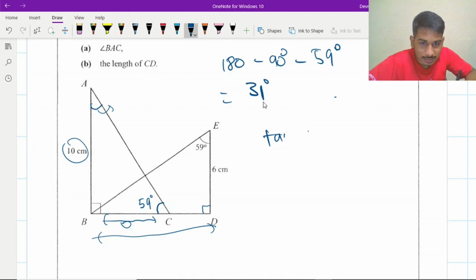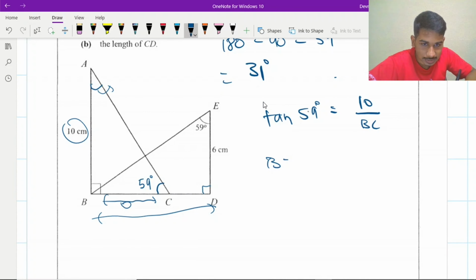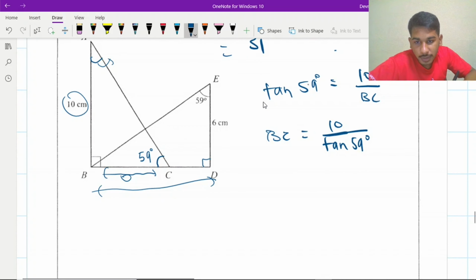So tangent 59 degrees is equal to opposite over adjacent BC. So BC is equal to tan over tangent 59 degrees. How about this? To find BD, given this thing also. Again, this is a tangent thingy.